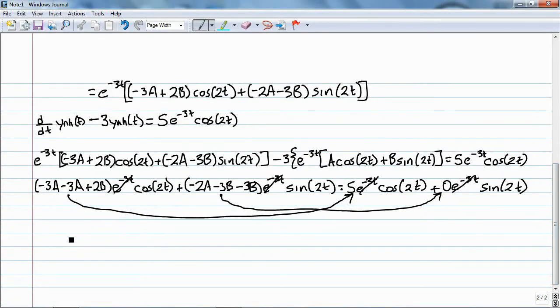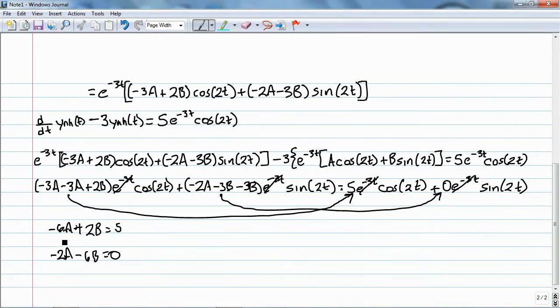So now I have two equations: minus 6a plus 2b is equal to 5, and minus 2a minus 6b is equal to 0.